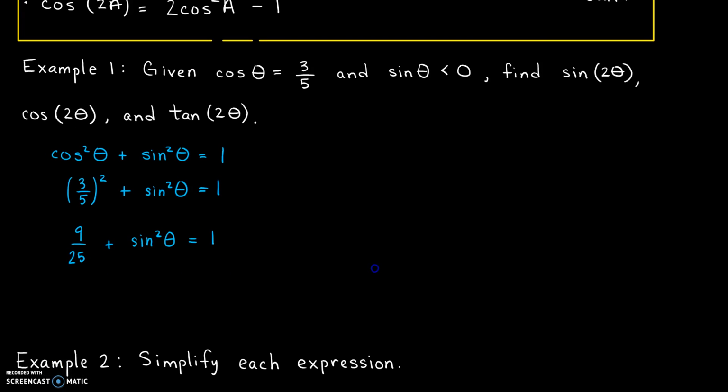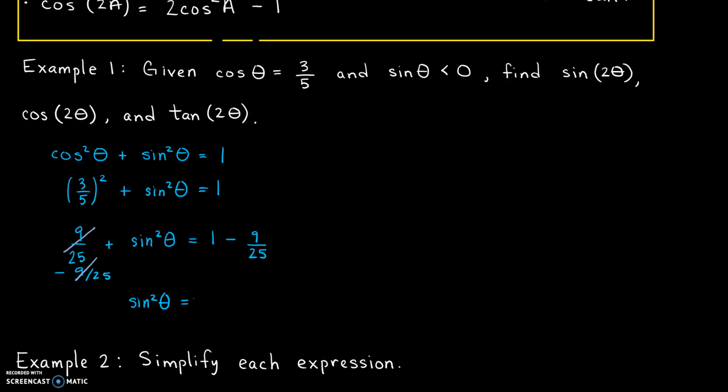Now I want to solve for sine squared. If I subtract 9 over 25 on both sides, this cancels out, and I'm left with sine squared of theta equals 1 minus 9 over 25.